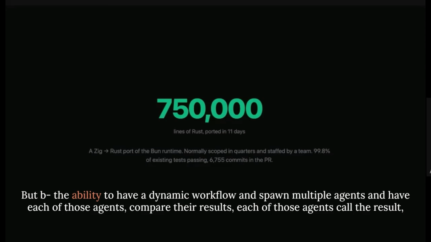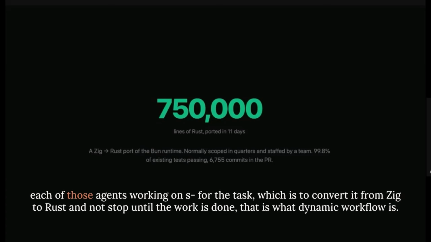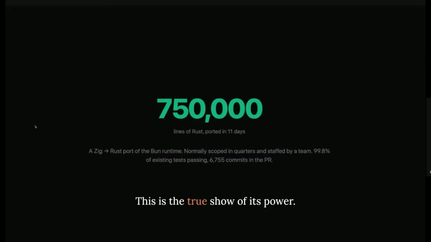But with a dynamic workflow, you spawn multiple agents, each comparing their results, each scoring the results, each working on the task of converting from Zig to Rust, and not stopping until the work is done. That is what dynamic workflow is. This is the true flow of its power.